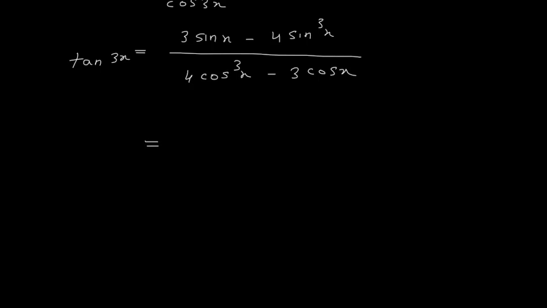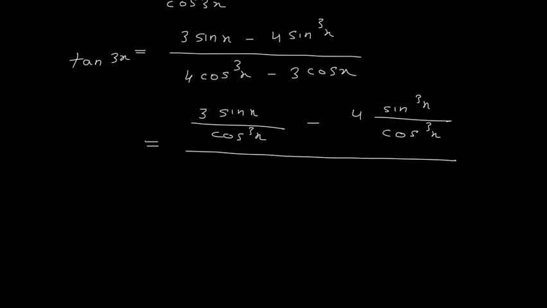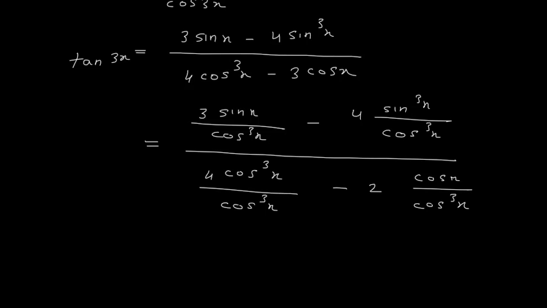So here in numerator you will get 3 sin x upon cos cube x minus 4 times sin cube x upon cos cube x whole divided by, here you have 4 cos cube x upon cos cube x minus 3 cos x upon cos cube x. Okay, always divide by the highest power of cos.